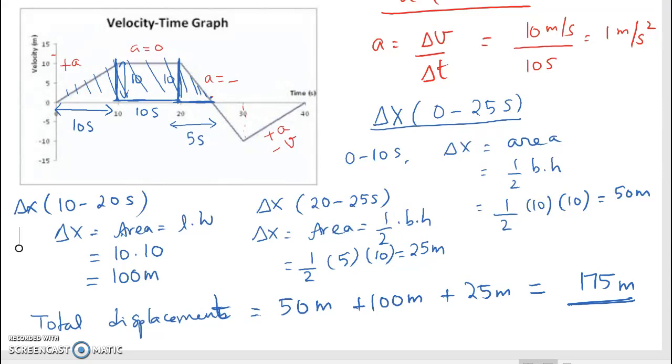So we can calculate displacement as simply the area. Alternatively, you could also have calculated the displacement by using the formula, and you have to do it separately for each interval of time because the motion during the first 10 seconds is different from the motion during the next 10 seconds. So you compute the displacement for each time interval and then add them up together.